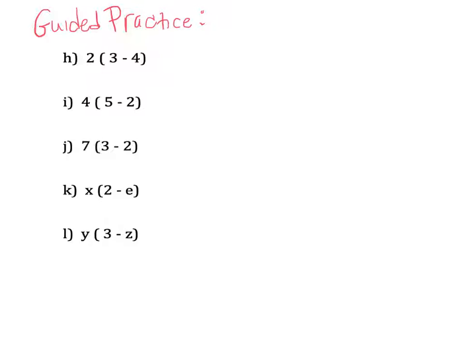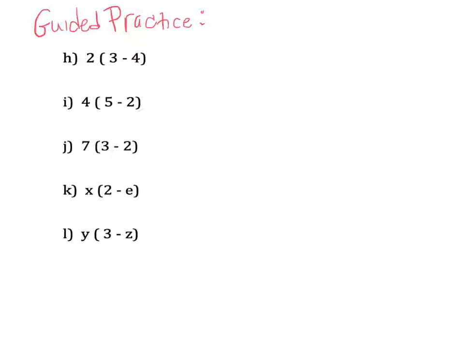Here's some examples with minus signs. I'll do the first couple with you and then you can finish. Our first example is 2 times this quantity, 3 minus 4. You're going to distribute the 2 times the 3. And there's two things you can do right now. You can either change this into an addition statement by using the plus a negative idea like our KCO, keep change opposite.